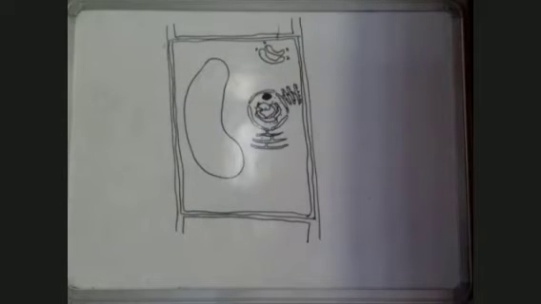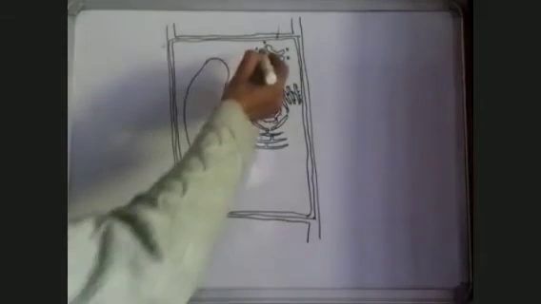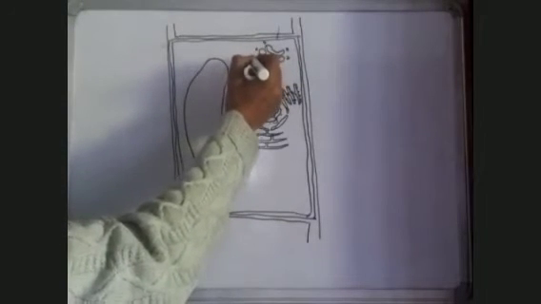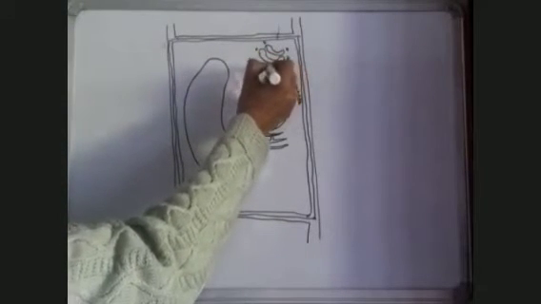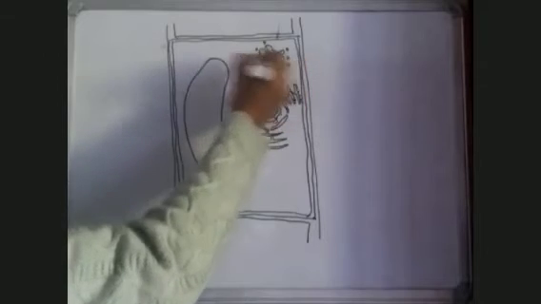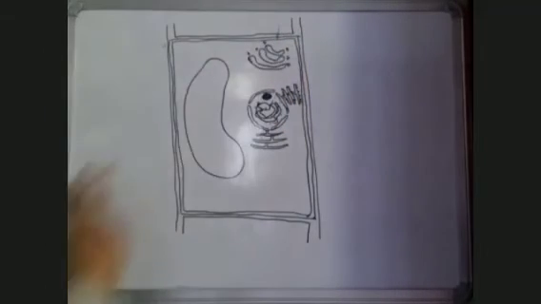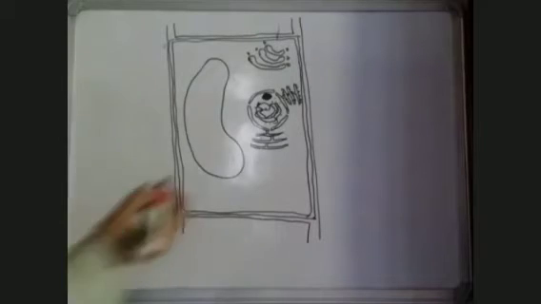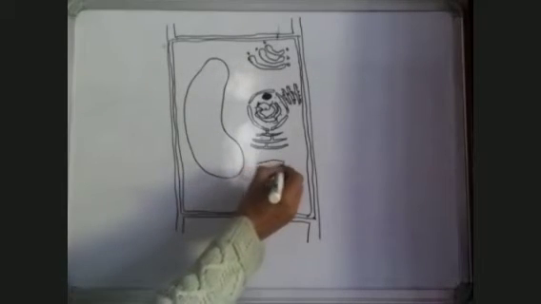In the plant cell, the Golgi complex is dispersed and smaller in size, and these are known as dictyosomes. Besides this, we have mitochondria.